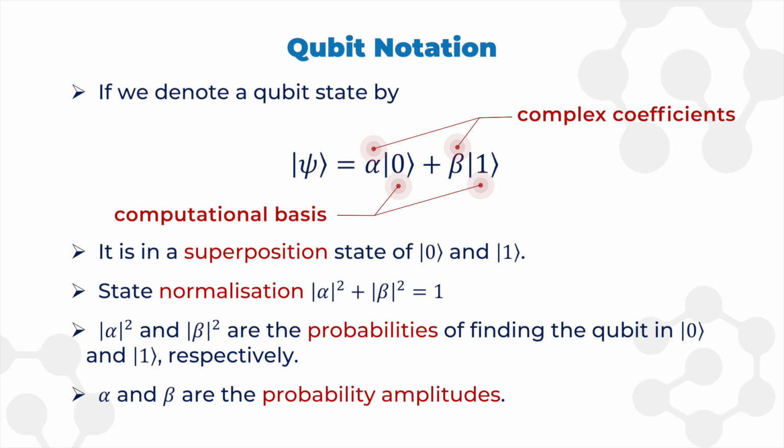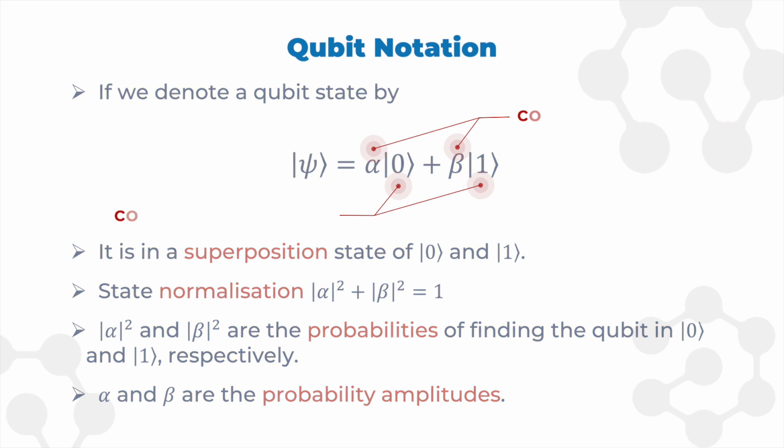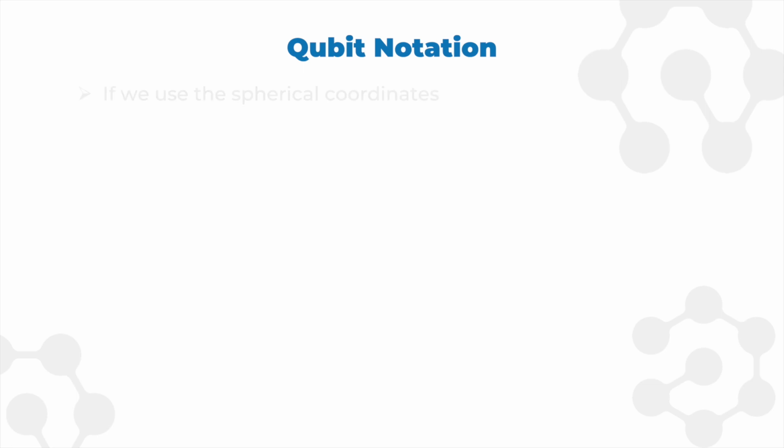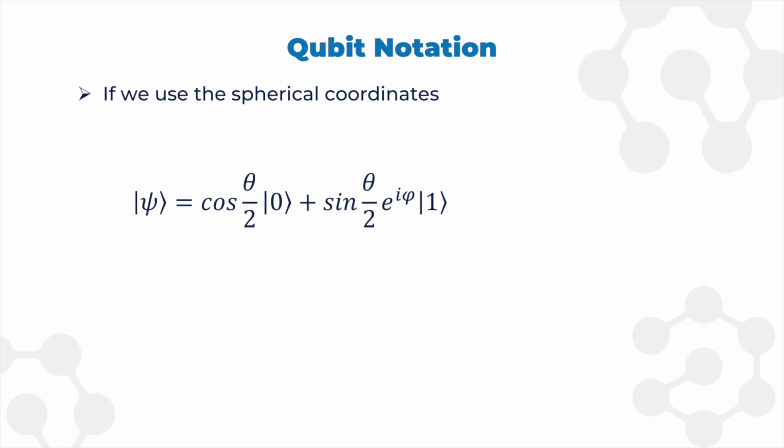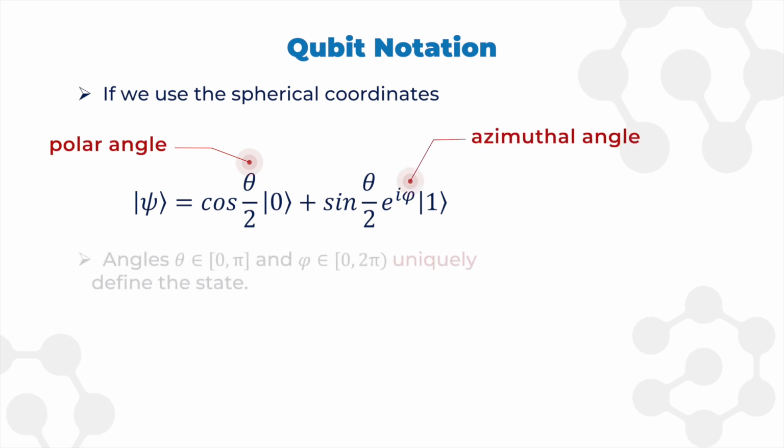Given the normalization, we can equivalently use the spherical coordinates to represent the qubit superposition as this, where theta and phi are between 0 and 2 pi, which uniquely define the state.